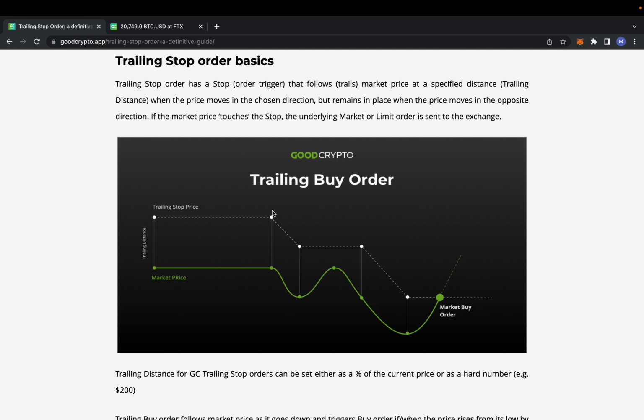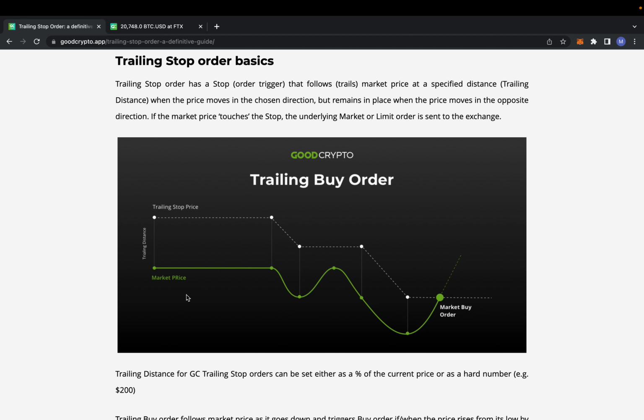Supposedly you want to buy something, and the market price is relatively flat right now, but you expect it to fall. So you want to buy something, but you expect that in the immediate future it can get lower. So you don't want to buy here. You want it to fall a bit and maybe enter once it has fallen.